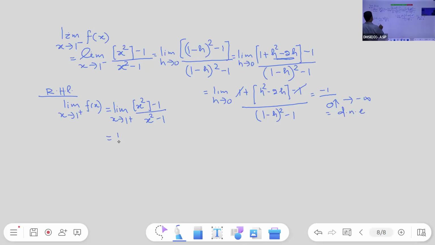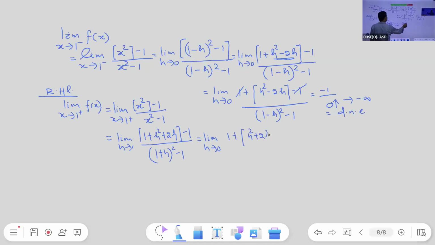This is equal to limit extending towards 0 of bracket 1 plus h square plus 2h minus 1 upon 1 plus h whole square minus 1. So this is equal to limit extending towards 0 of 1 plus bracket value of h square plus 2h minus 1 upon 1 plus h whole square minus 1. Plus 1 minus 1 cancels.